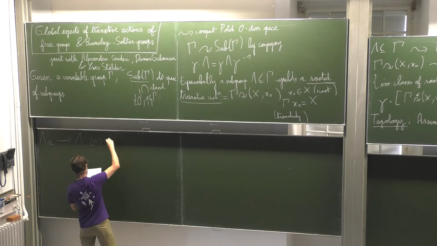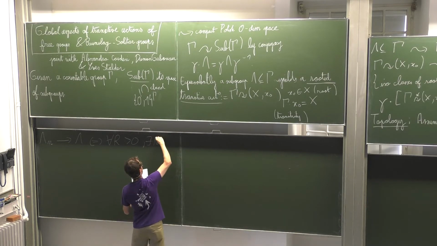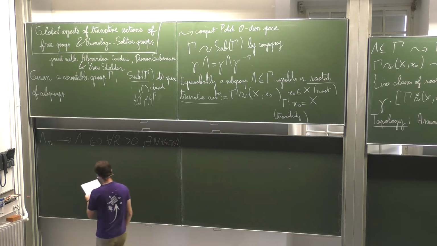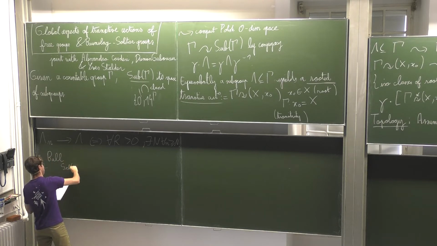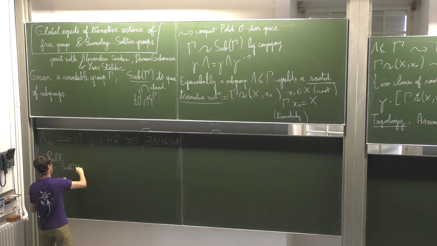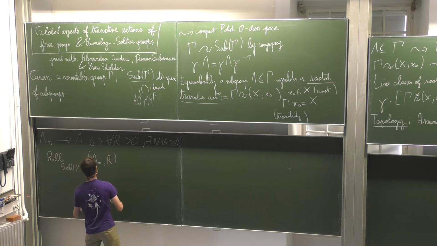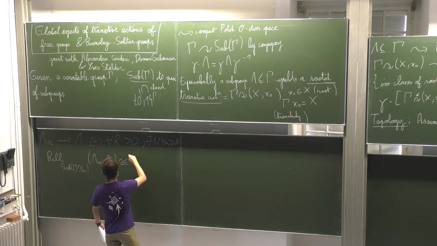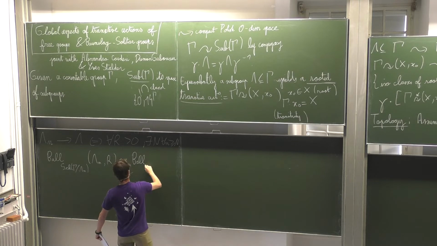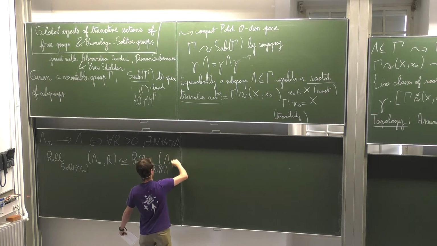This means that whenever I fix a positive radius r, then for large enough integers n, when I look at the ball in the Schreier graph of the action onto gamma mod lambda n, and I take as a center of this ball lambda n, and I look at the R ball, this is isomorphic as a rooted graph to the ball where I put lambda instead of lambda n.